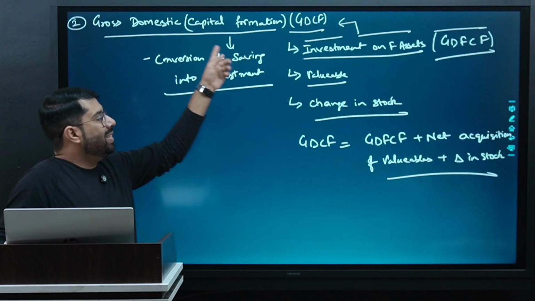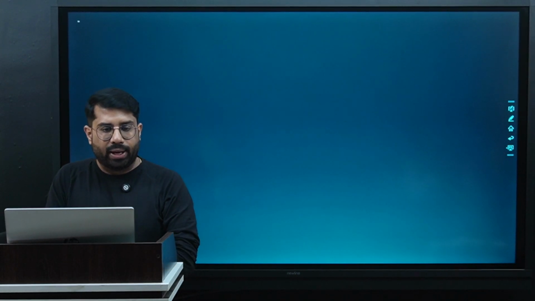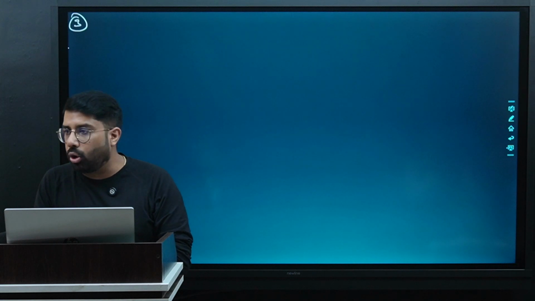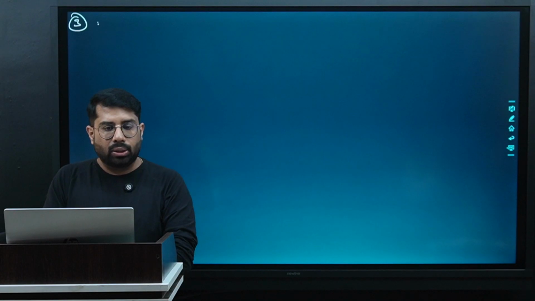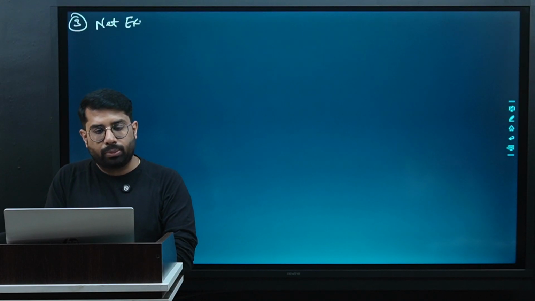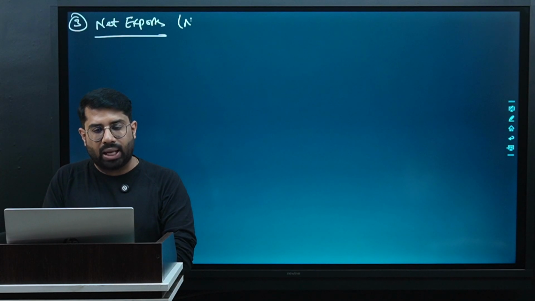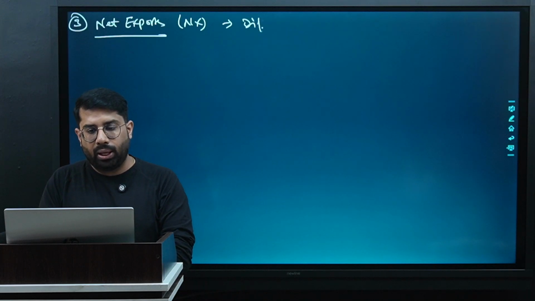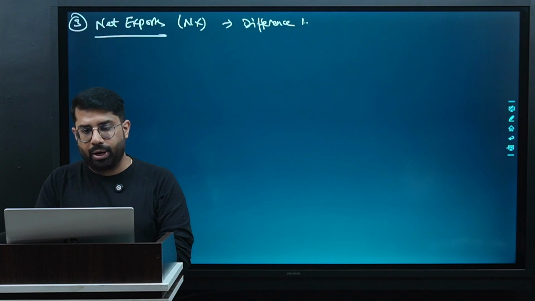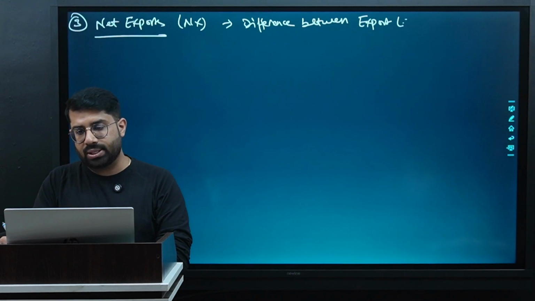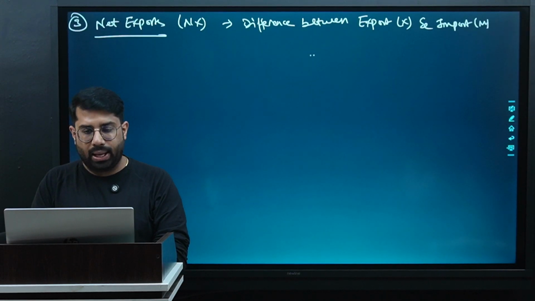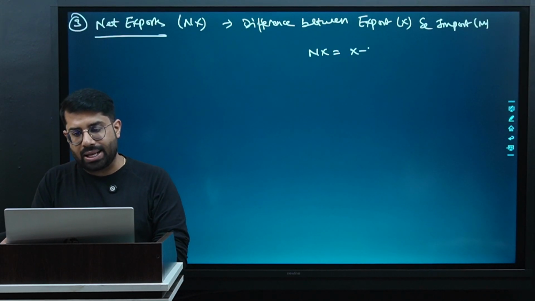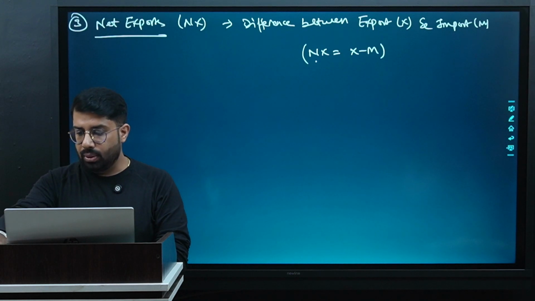Second is GDCF, and the third element we will take here, just because we are working in an open economy, in an international market, not only in the national market, is net exports, that is NX, which is nothing but the difference between export, that is X, and import, that is M. So NX will be equal to X minus M. Are you clear?